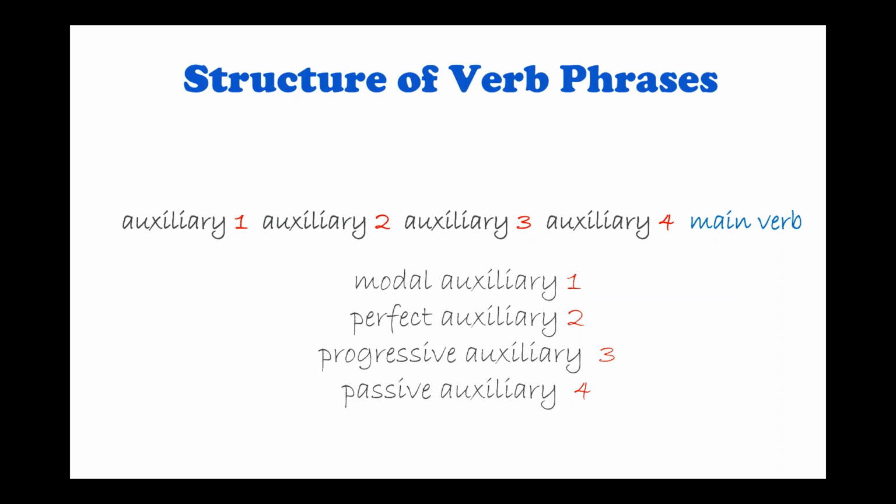Now, if we were to use the verb to be as the passive auxiliary, that is to change the voice of the sentence, then what follows should be in the past participle. So keep these things in mind, and later we will talk about the sequence of auxiliary verbs.